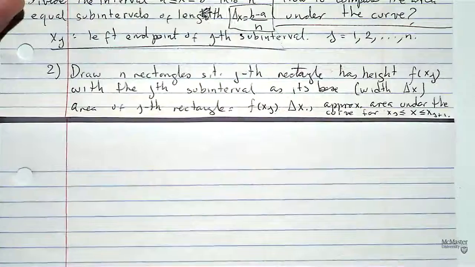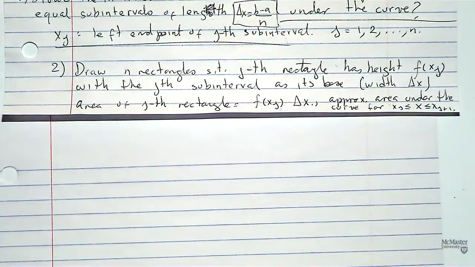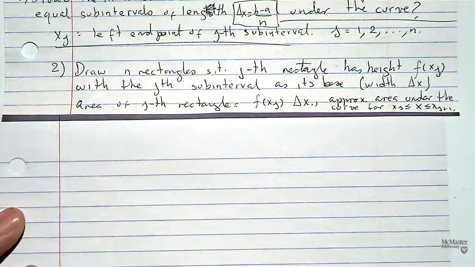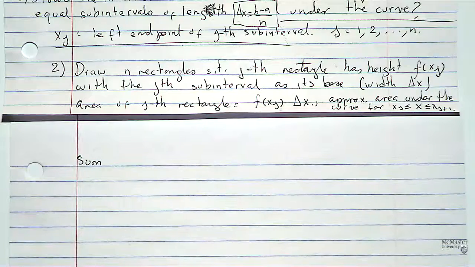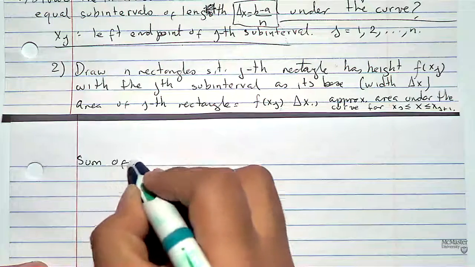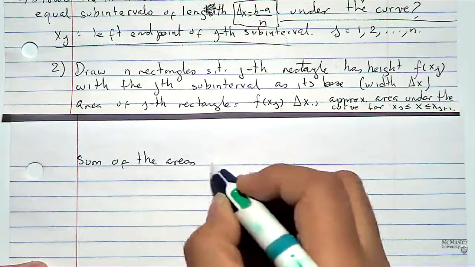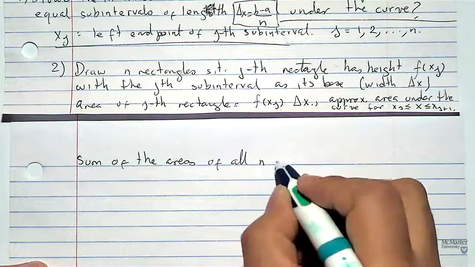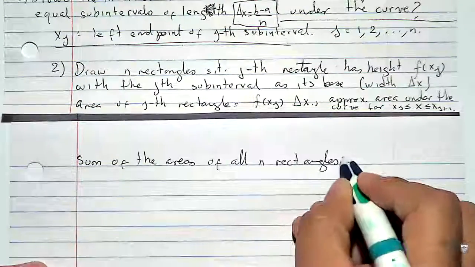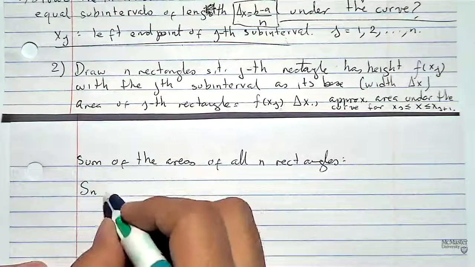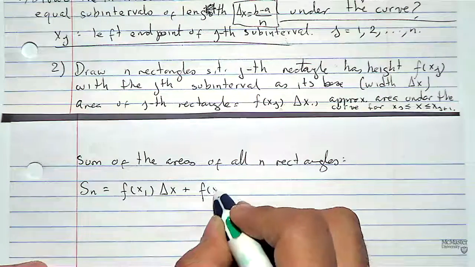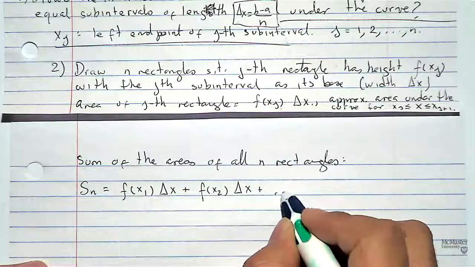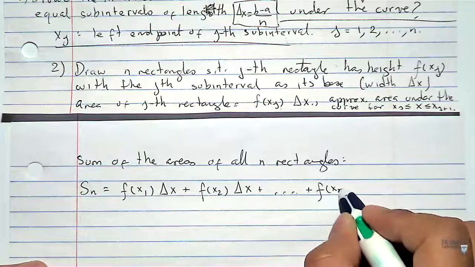So now, if I consider the approximation of the total area at that point, the sum of the areas of all n rectangles is basically denoted by Sn, which is f of x1 times delta x plus f of x2 times delta x plus and so on, up to f of xn times delta x.